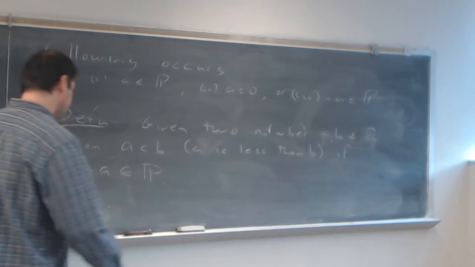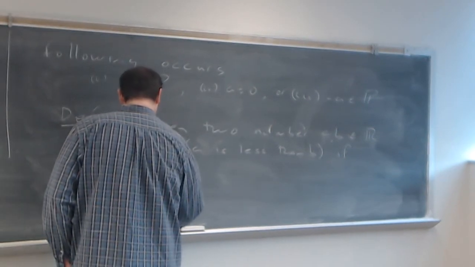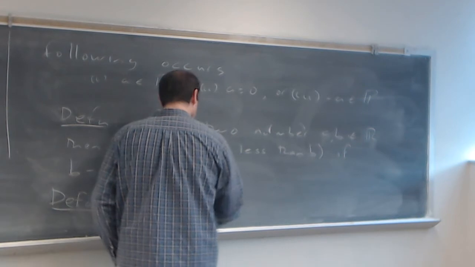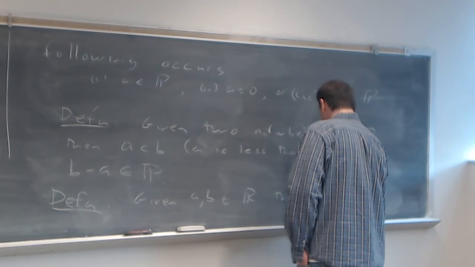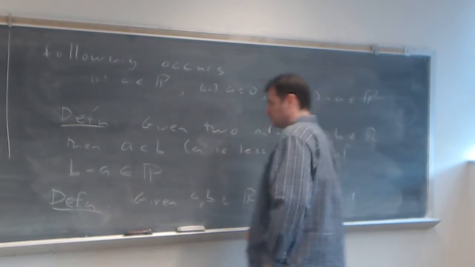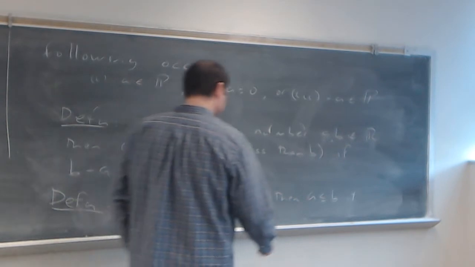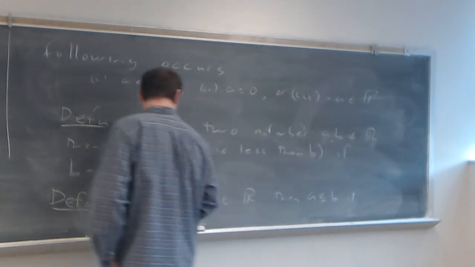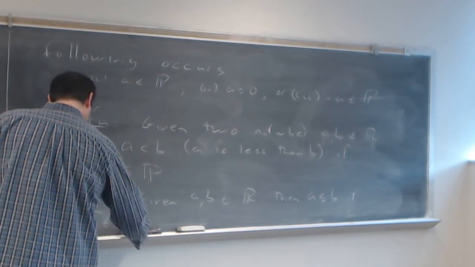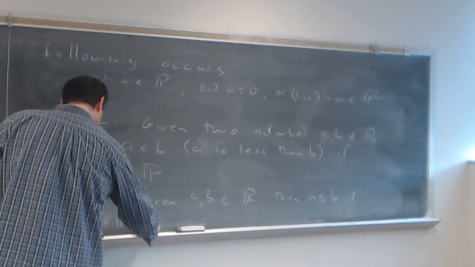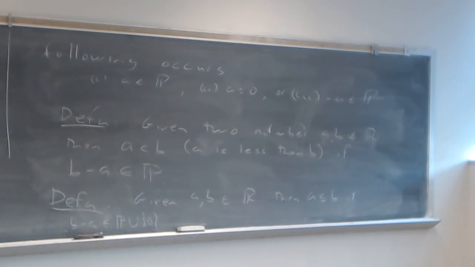A similar definition: given A and B element of R, then A is less than or equal to B if B minus A is an element of the set of positive numbers union 0. So B minus A is either positive or it is 0. That's how we're defining less than or equal to.